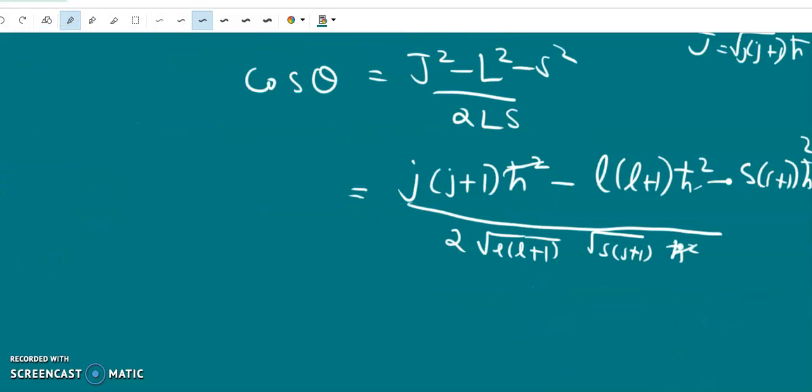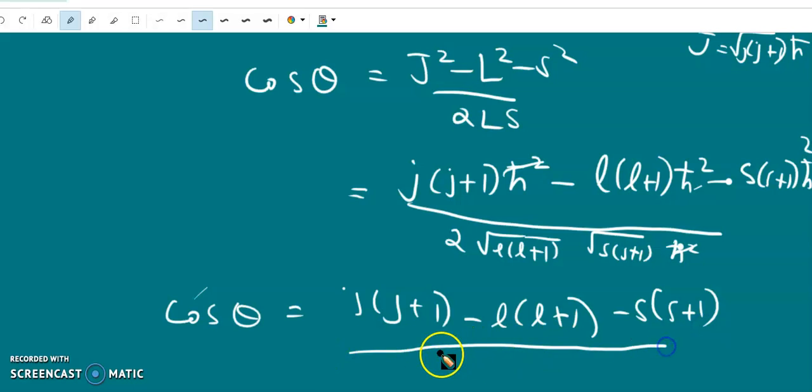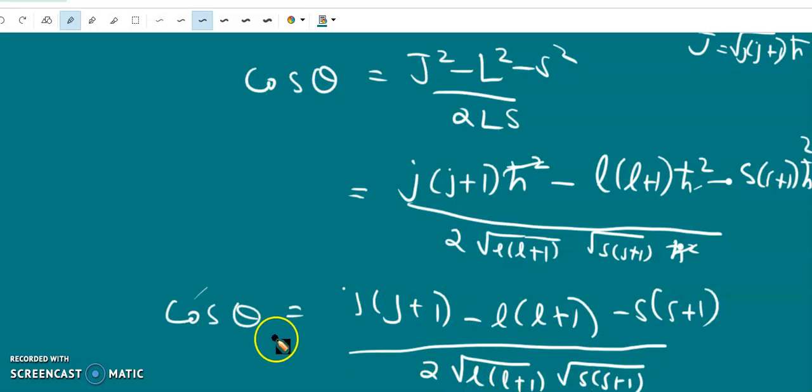So cos of the angle between L and S is given by J into J plus 1 minus L into L plus 1 minus S into S plus 1 divided by 2 into root of L into L plus 1 into root of S into S plus 1. So theta is cos inverse of this quantity.